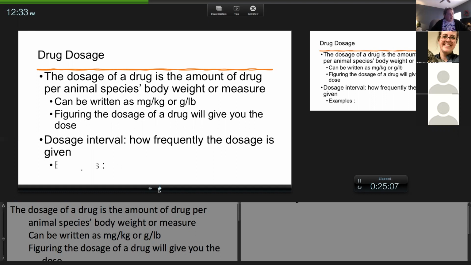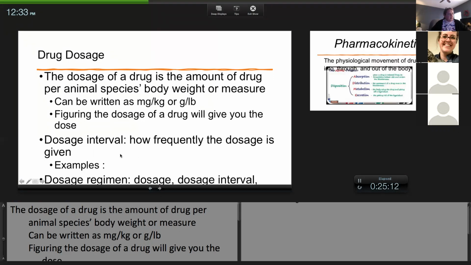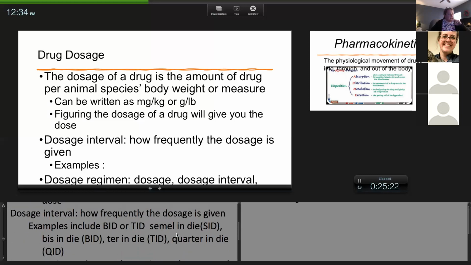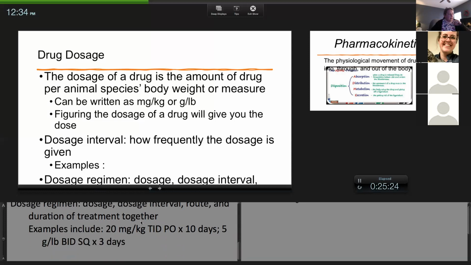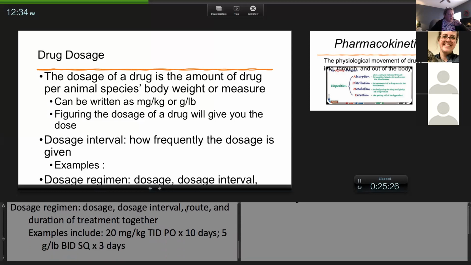The dosage interval is how frequently the dosage is given. So the dosage regimen is the dosage, how often you're giving it, and the route.